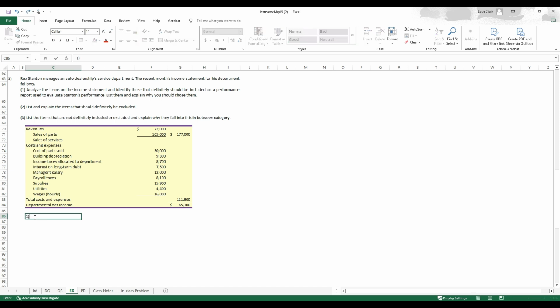Okay, so let's just do it like this. So items to definitely include. And that would be things like sales, COGS, supplies, hourly wages, and these are all items that are under the department manager's control.